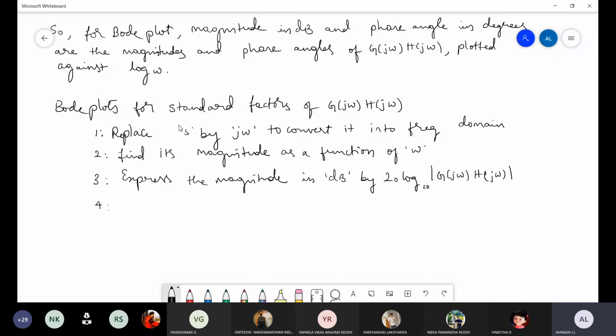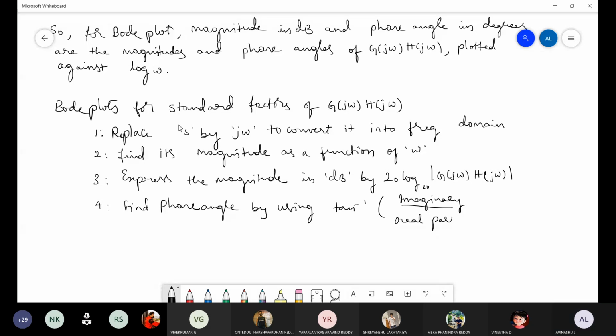Step number 4, find the phase angle by using tan inverse of imaginary divided by real part, in terms of degrees.